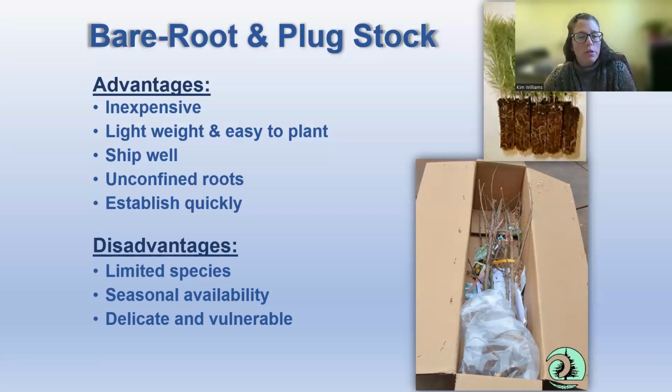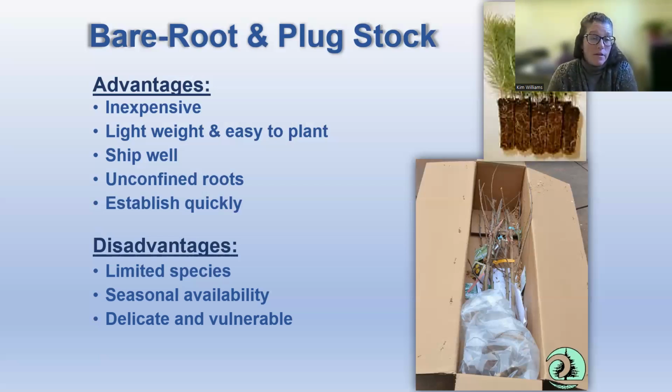And usually, if they're not in a big 1 gallon pot, you don't have to dig the hole as big. And the roots are not root bound. Sometimes when you get 1 gallon or 5 gallon pots from a nursery, they can be pretty root bound. These plugs and bare root plants establish very quickly.